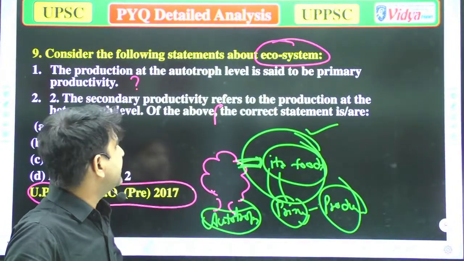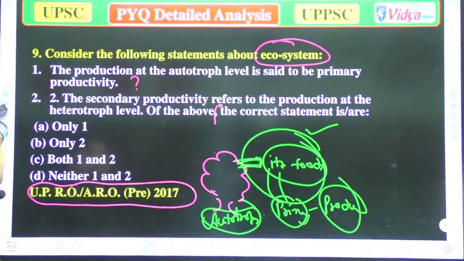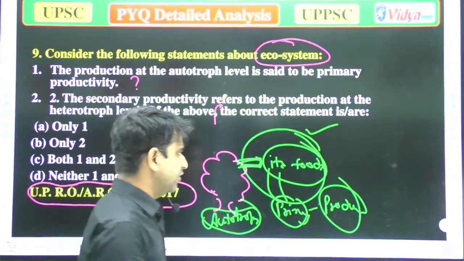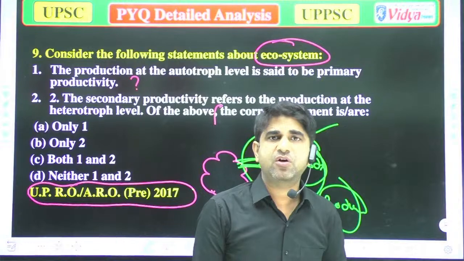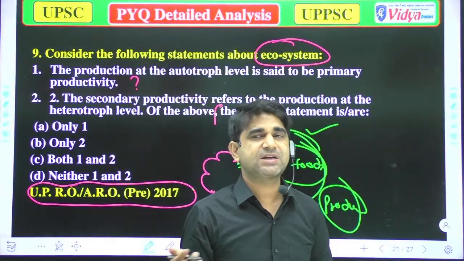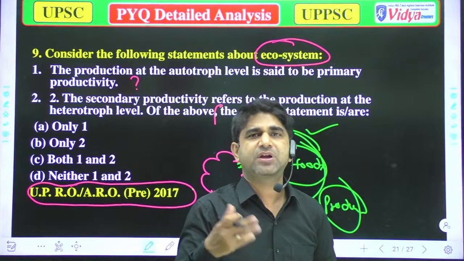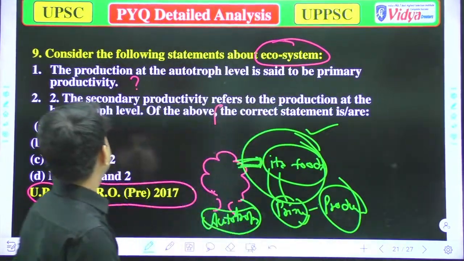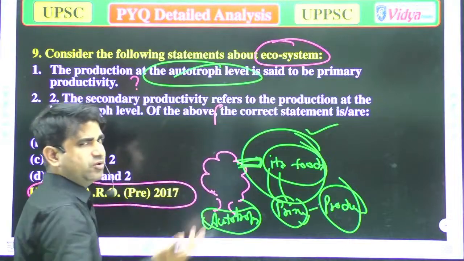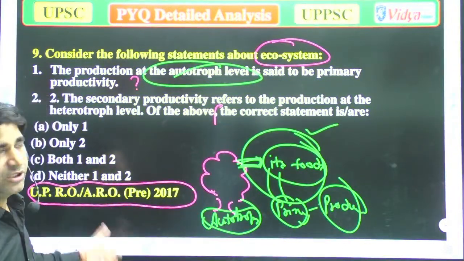So that statement is totally true. Whereas if the statement was that the production of heterotrophs is at the secondary level, we would have to think. But because it is talking about the production at the autotroph level, it's true that it is primary productivity.